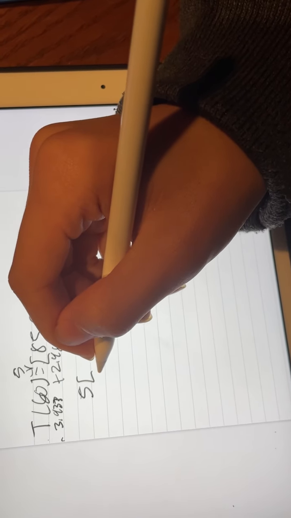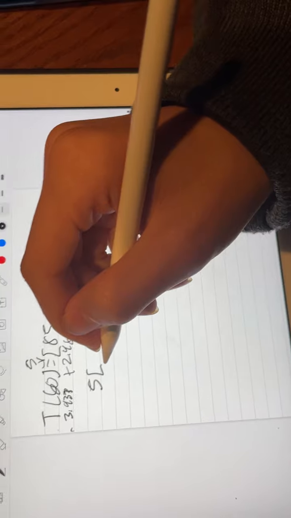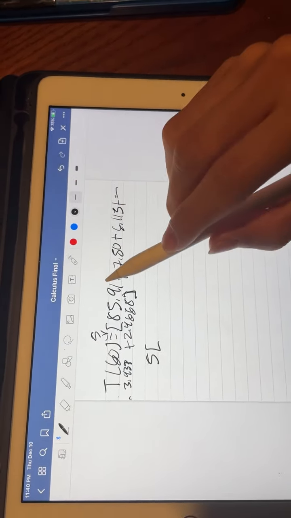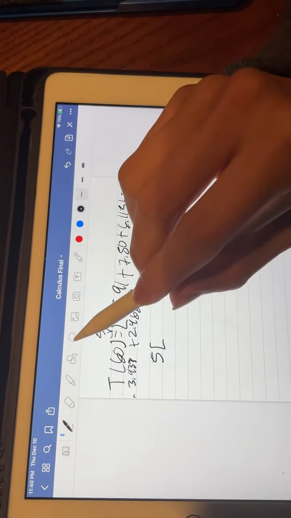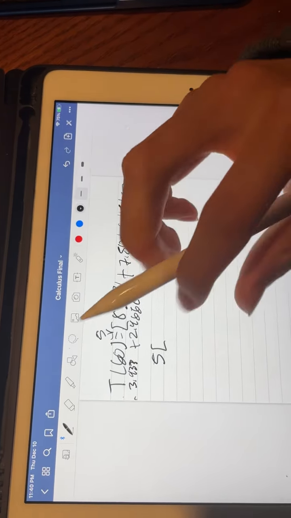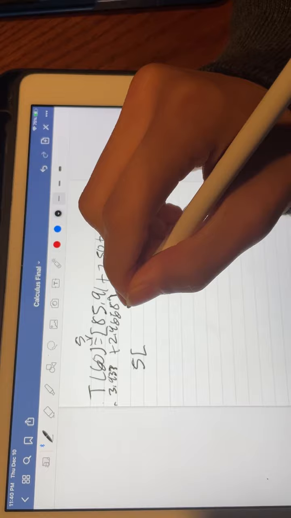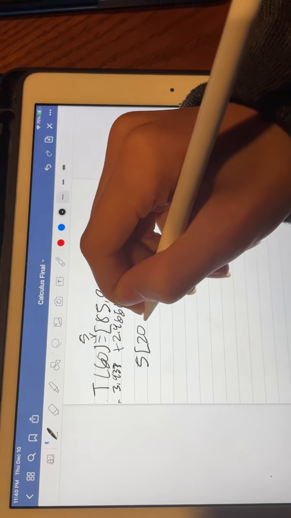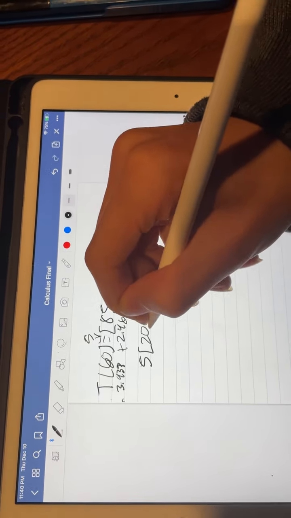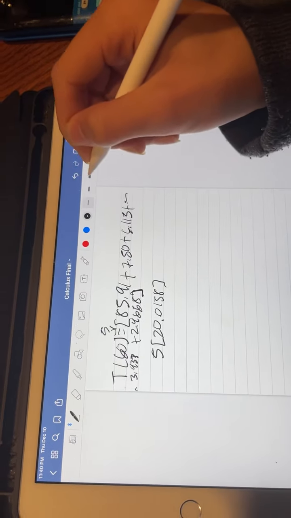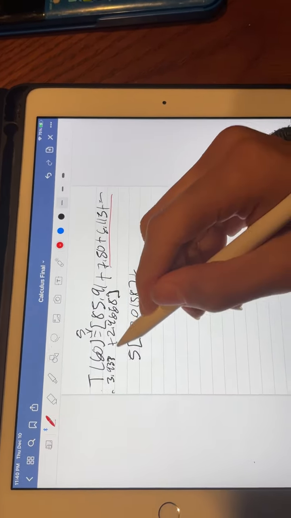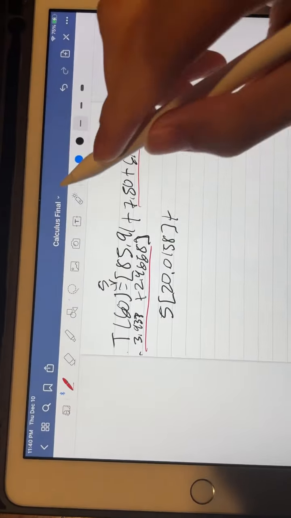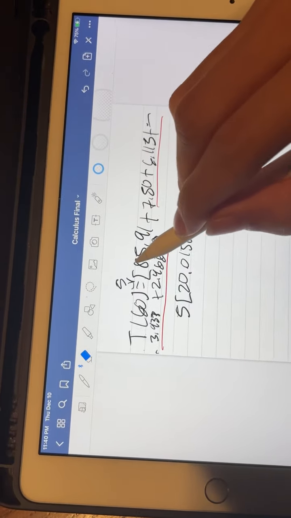You plug that all in. Oh, sorry. So you would then take out. All right. So a quick, easy way would be if you do 5 of 20.015. So this is just for these guys. I wrote it confusingly, I'm sorry.